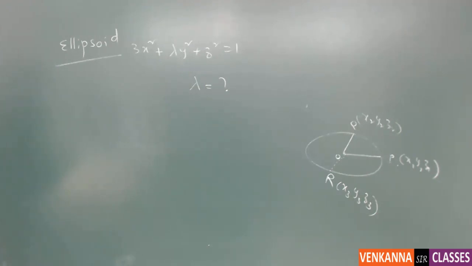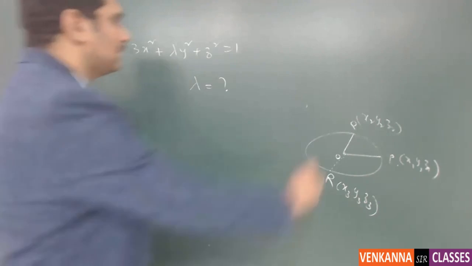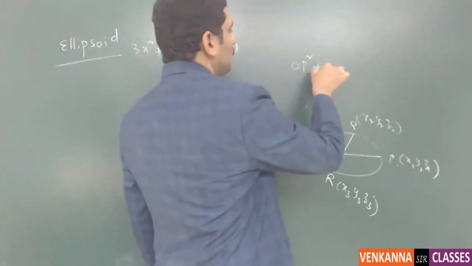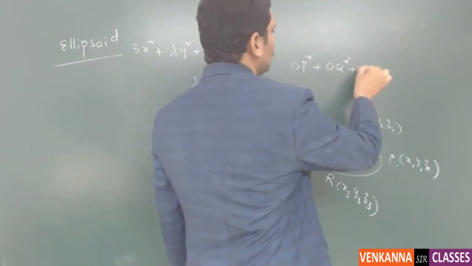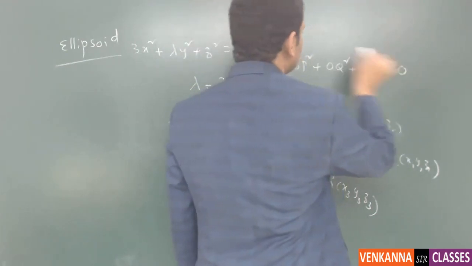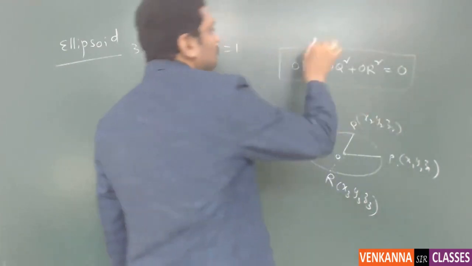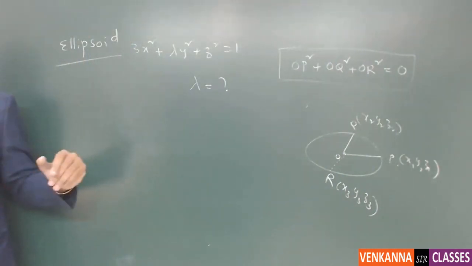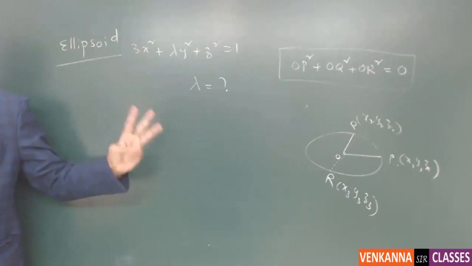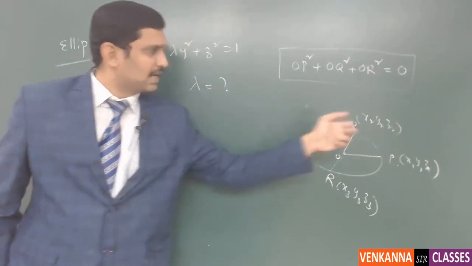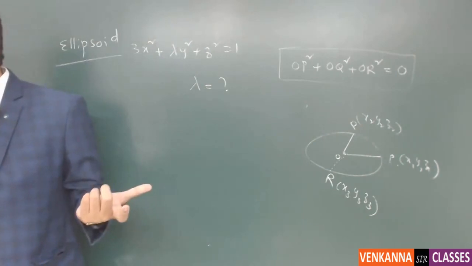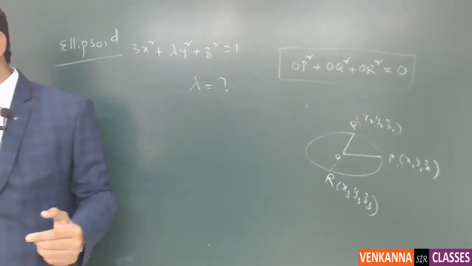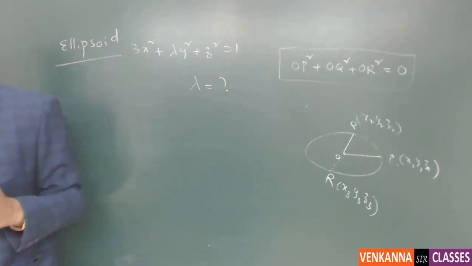And one more condition in the problem is that if you take the sum of the squares of the conjugate semi-diameters, it is 0. So I have taken an ellipsoid. It has three conjugate semi-diameters like this. If you consider the sum of the squares of the three values, it is 0, then find lambda value.